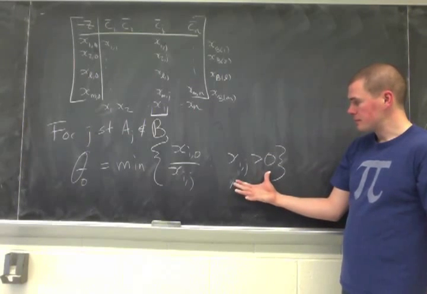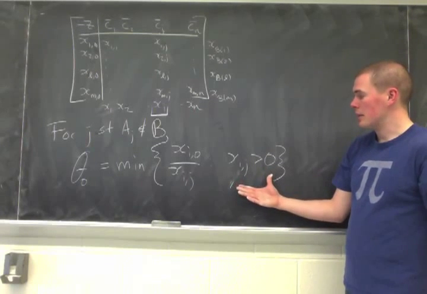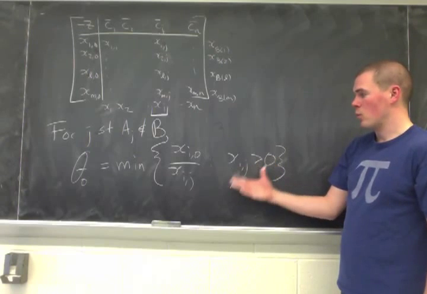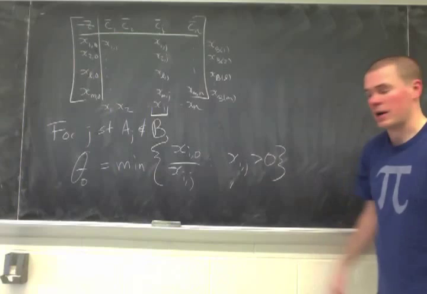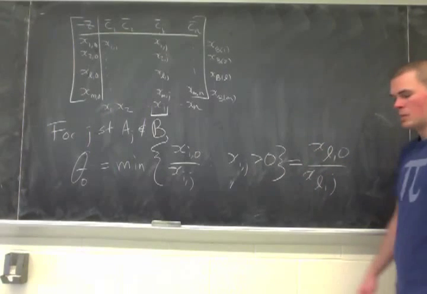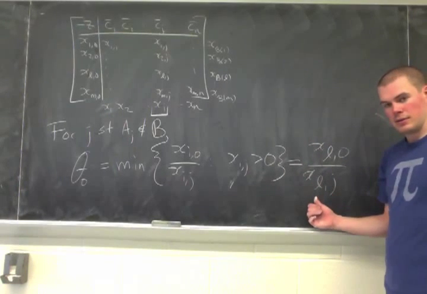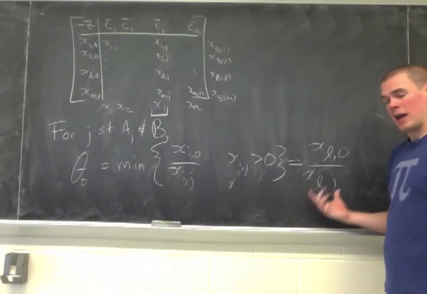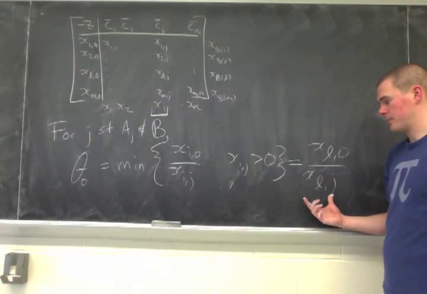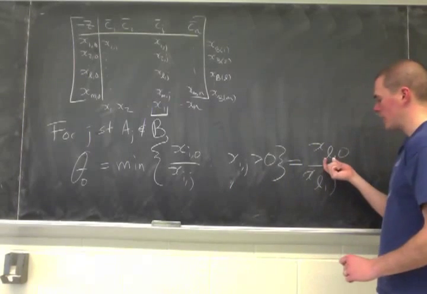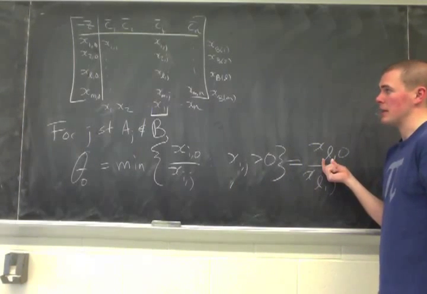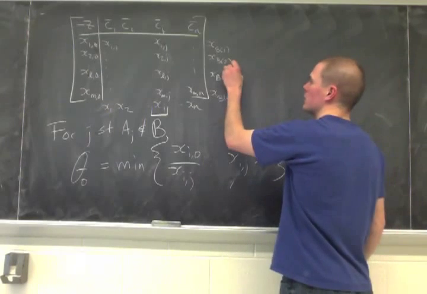Once we find this minimum, when it exists, it's equal to some fraction. So there's some L such that this fraction is equal here, and L corresponds to some basis element.